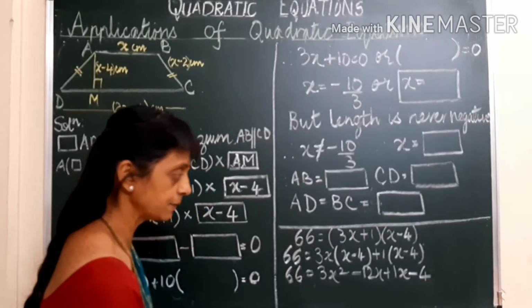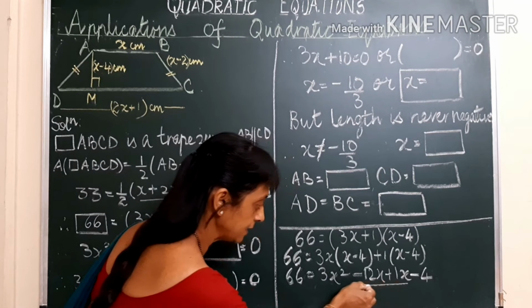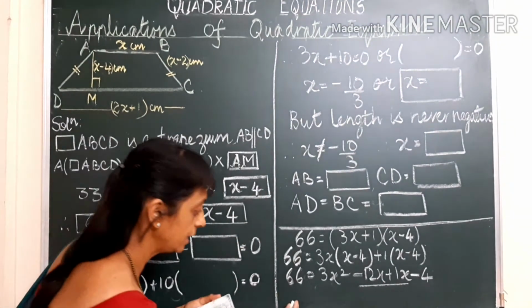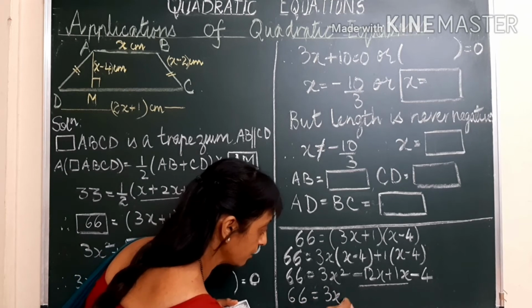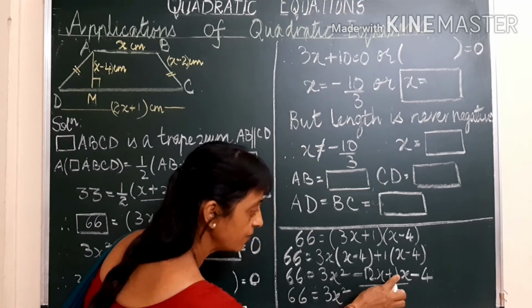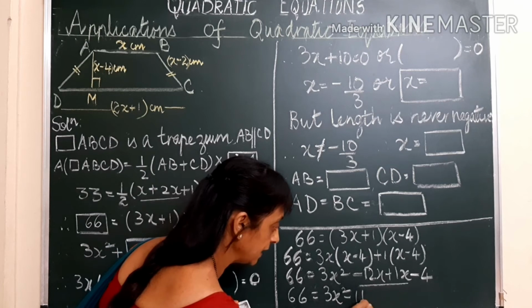Which are the like terms that you can see? Minus 12x plus 1x. So, let's solve it further. 66 is equal to 3x squared minus 12 plus 1 gives you minus 11x minus 4.